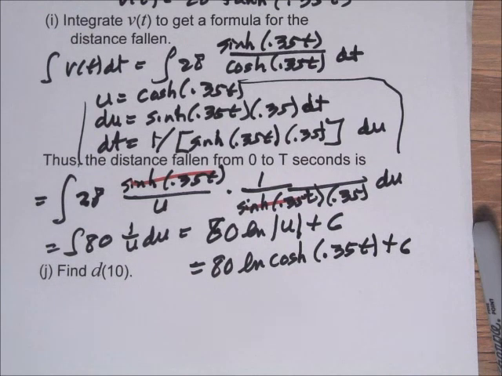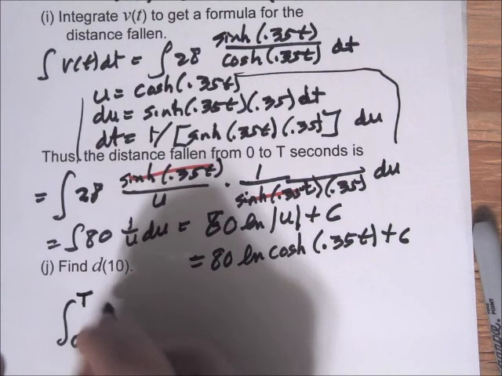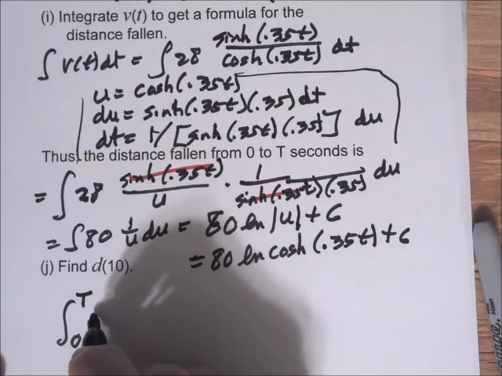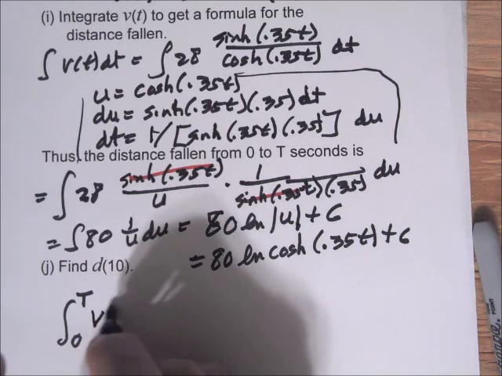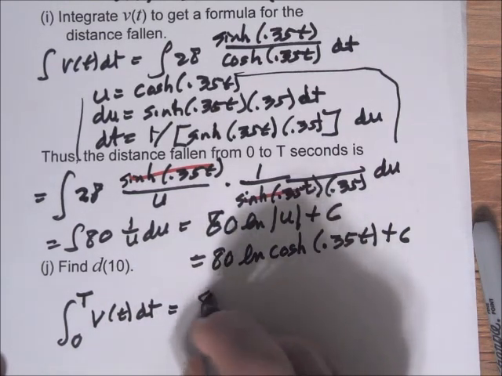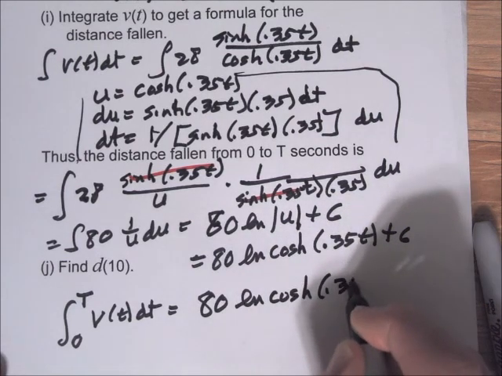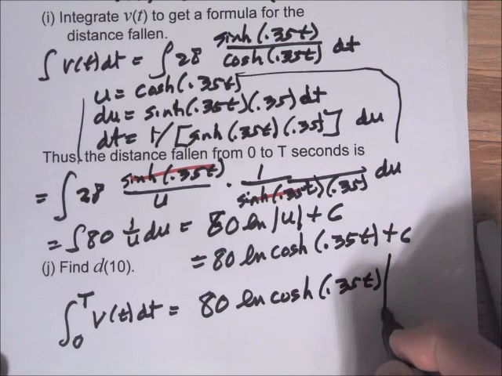So if we evaluate this from 0 to some particular time t, so we take the definite integral from 0 to t of v of t dt, we're going to get 80 ln cosh 0.35t, and we don't need the plus constant for the definite integral.